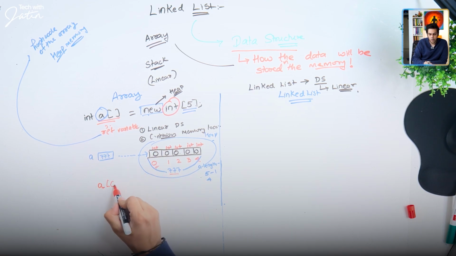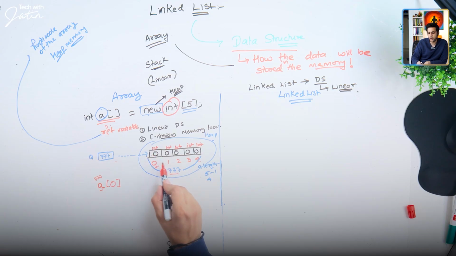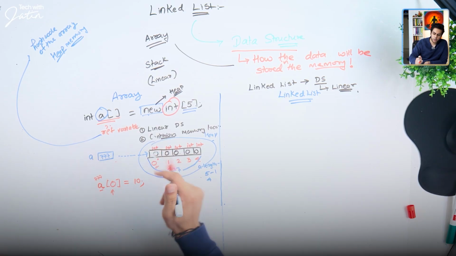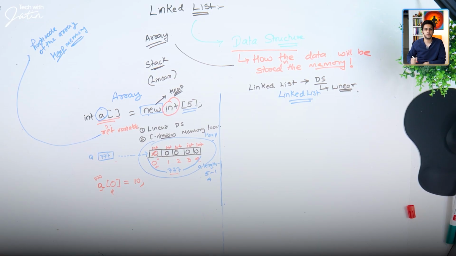So I'm going to say a[0]. This a is going to give me 777. On this 777 memory location, I want to access the 0th index. That's the reason we give the index. And equal to, I'm going to say 10. So that's how your value 10 comes into the picture over here. All right, this is how you access an array. Is this part clear to everyone?